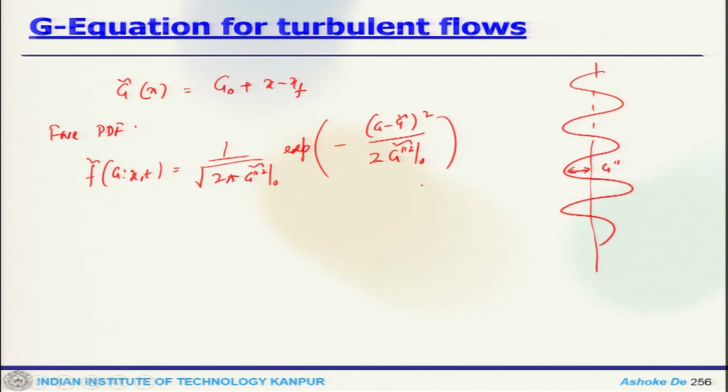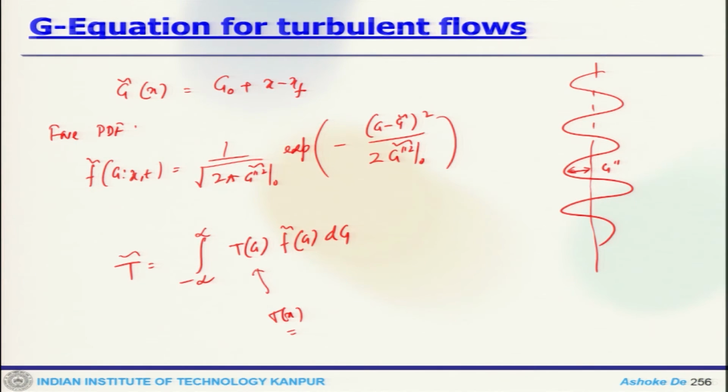So now we can find out the mean temperature or any other scalar like this, minus infinity to infinity of T of G PDF of G dG. So this T is the T of X from the laminar premix flame without strain. So we can use this and correlate these things.